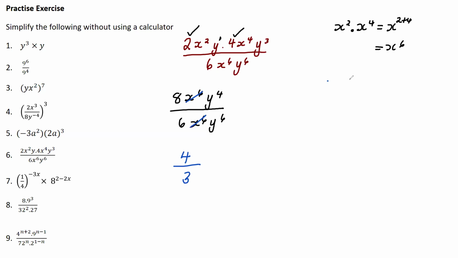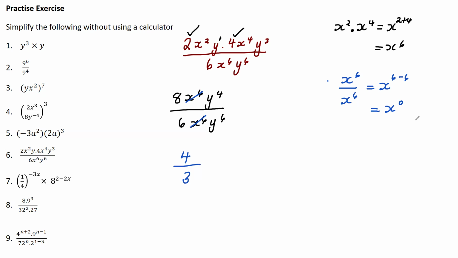If you would like, you would have it this way. You can say x to the power of 6 over x to the power of 6, which gives you, because the bases are the same and they will subtract, x to the power 6 minus 6, which gives you x to the power of 0.